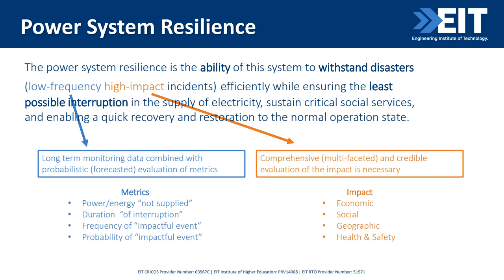And if you look at the high impact one, they are very, very comprehensive and multifaceted, and you need to have a credible evaluation of the impact. So when you're looking at the high impact, you're looking at the dollar.